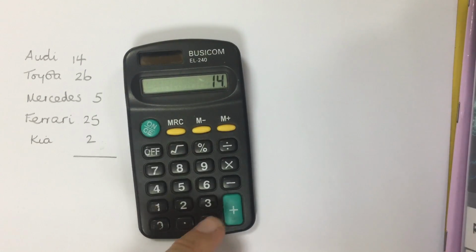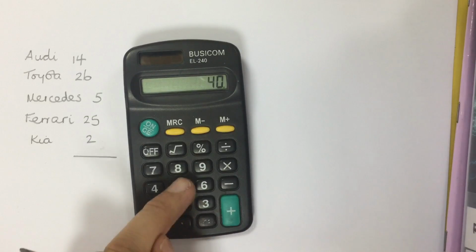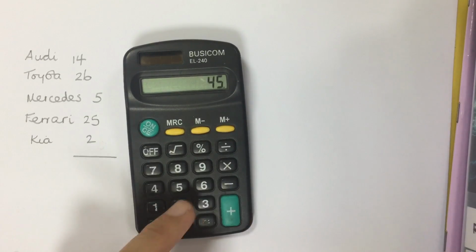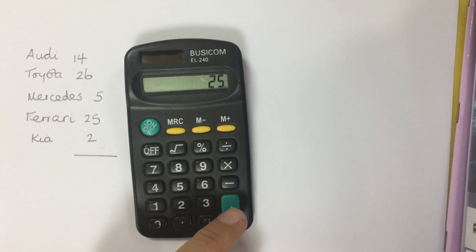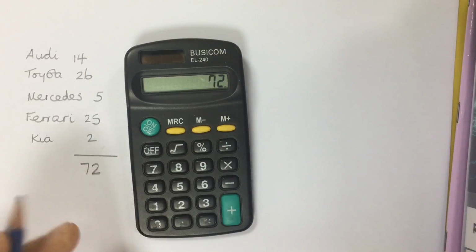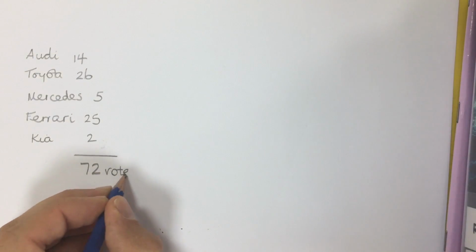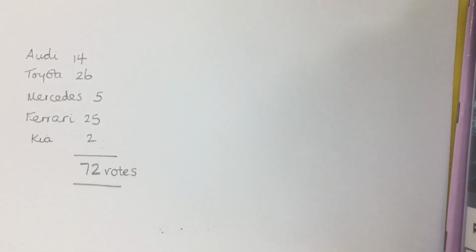So just add up my new votes, 14 and 26. Add 5, add 25, add 2 equals 72. So really important that we have a total of our votes.